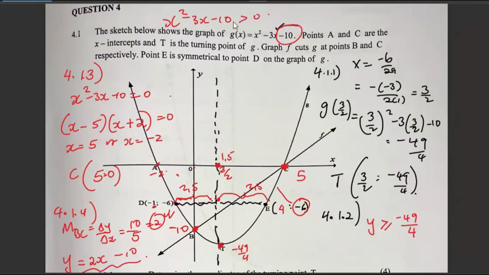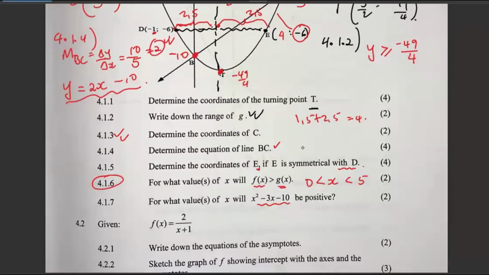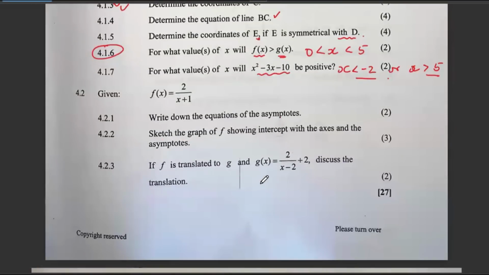But we already have our coordinates of -2 and 5. So it will be positive within this section and positive above in that section. So meaning that x needs to be less than -2 or x needs to be greater than 5. All right, so that is question number 4.1.